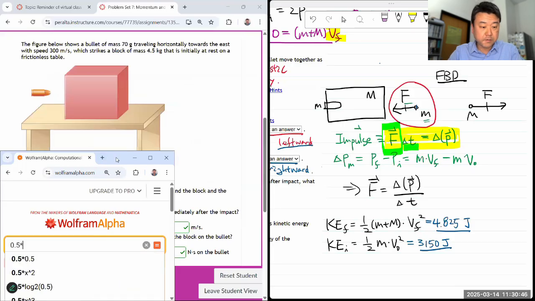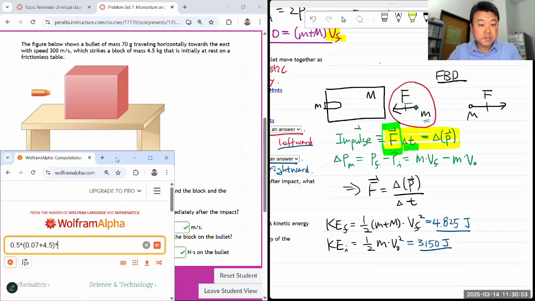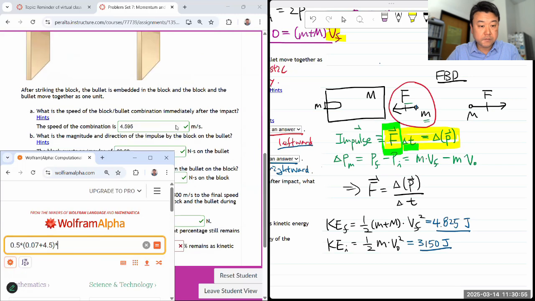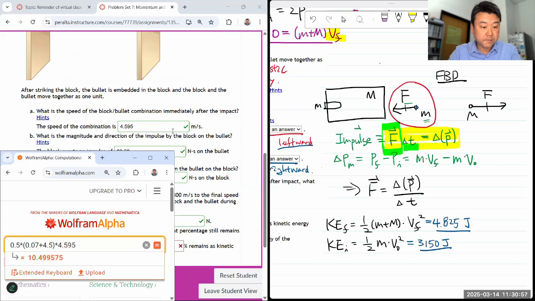So let's say 0.5 times 0.07 plus 4.5 times the speed, which is 4.595 squared. Oh, I definitely did make a mistake because that's 48.25, not 4.825. Okay, that means I think I made a factor of 10 error.